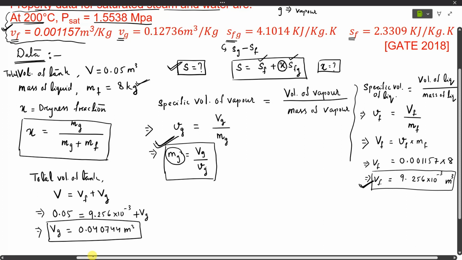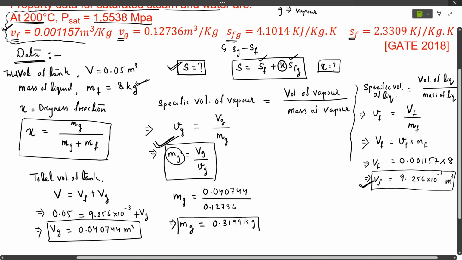So mass of vapor is equal to capital Vg, that is 0.040744 by small vg, that is given in the question as 0.12736. If you solve this, we get the magnitude of m subscript g as 0.3199 kg. So this is the mass of vapor.